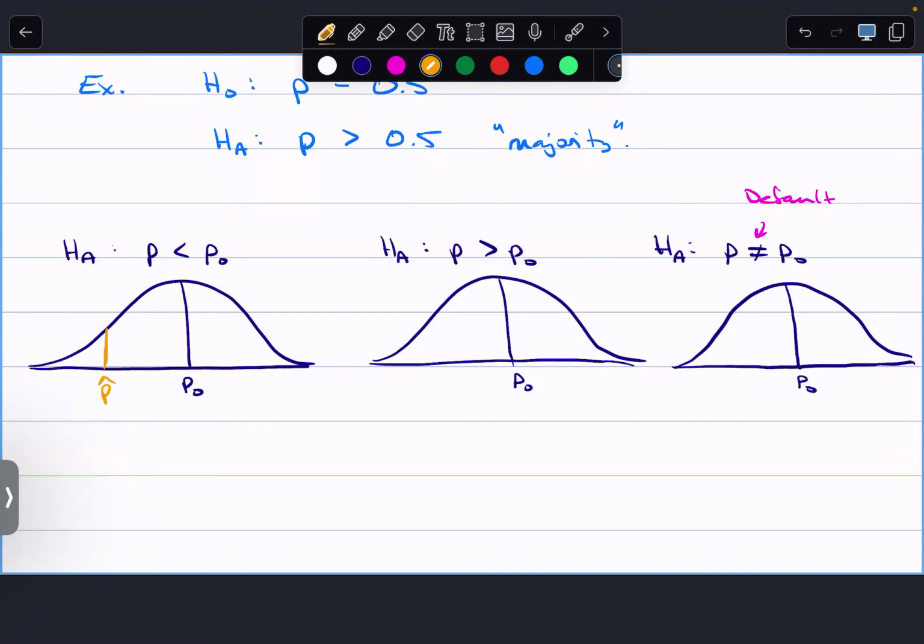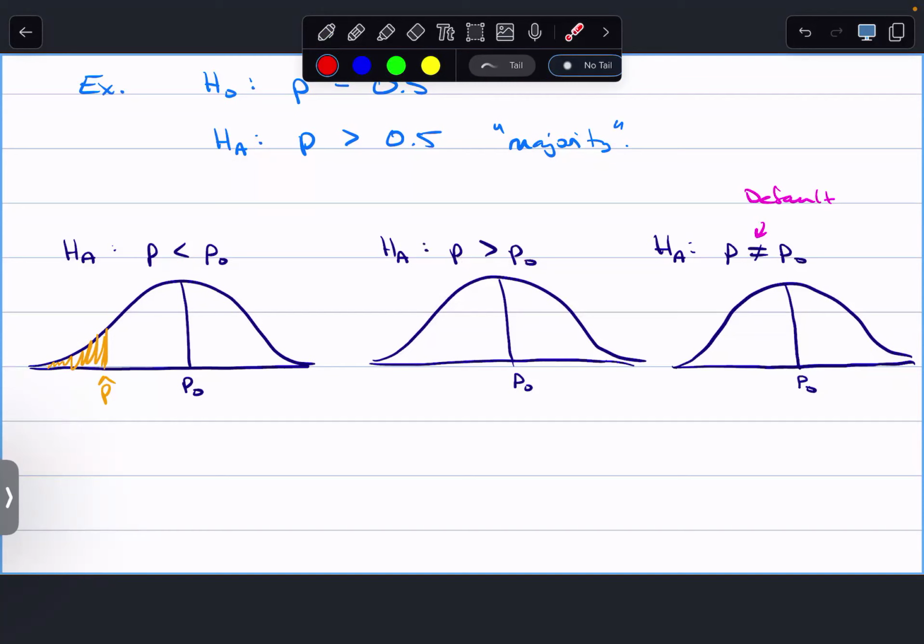So then the area that you'd want is the probability of being as extreme or more extreme, which is the area in the tail, right? And so here, if P is less than P naught, you're going to want the lower tail.